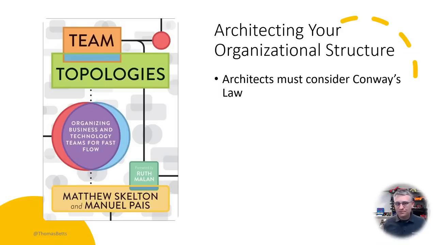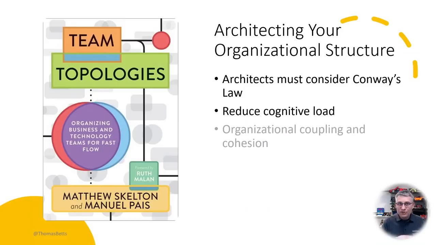That can be challenging. In either case, the goal of architects is to find ways to reduce the cognitive load of development teams. It also means you have to recognize that desire for things like low coupling and high cohesion, that's not just among your system components, that's also desirable among the teams that are building those components.